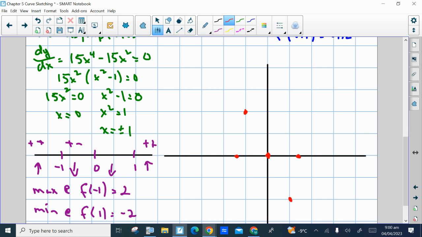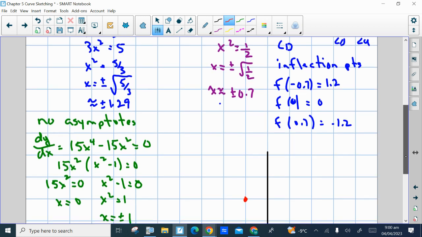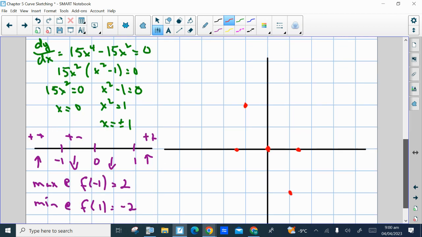We had a point of inflection at negative 0.7, 1.2. At 0, 0, and then at positive 0.7, negative 1.2.